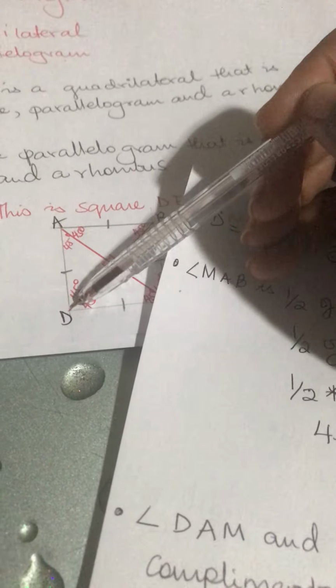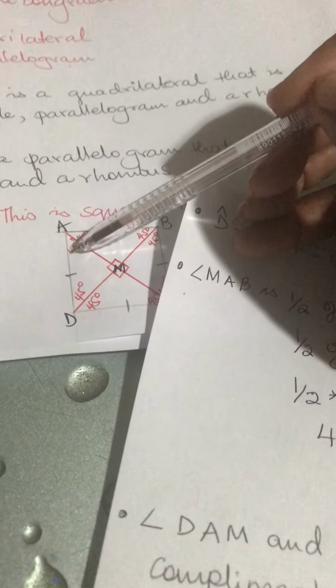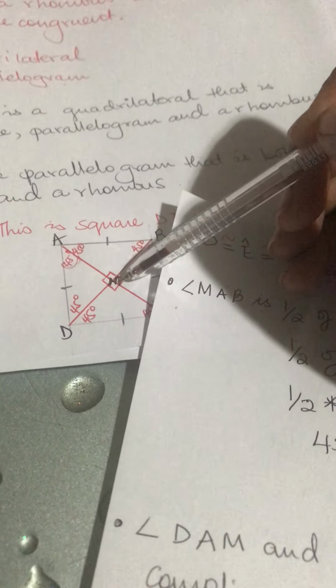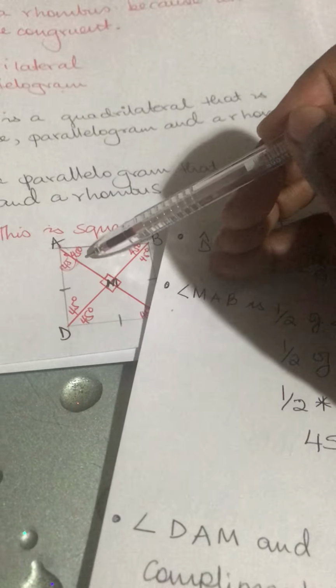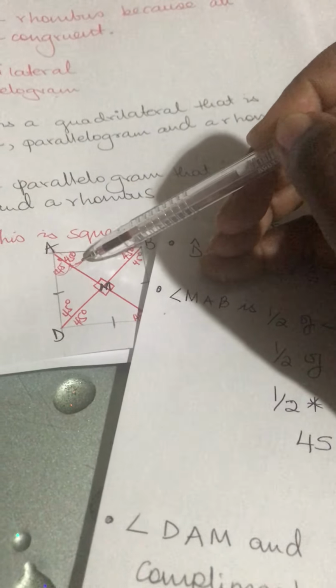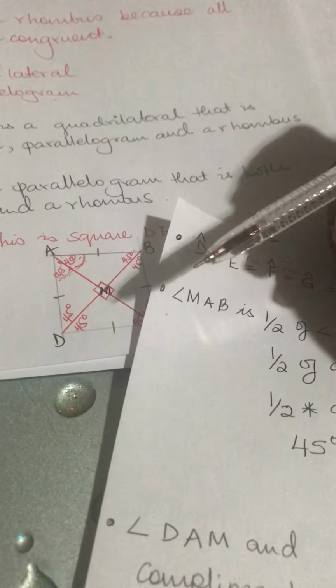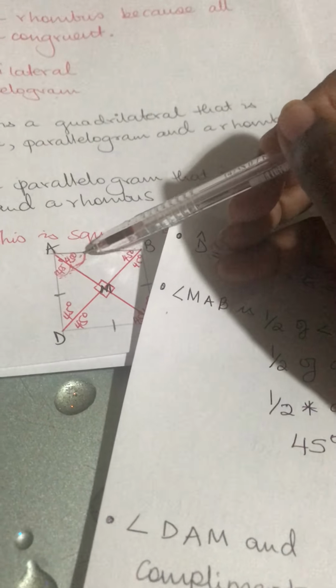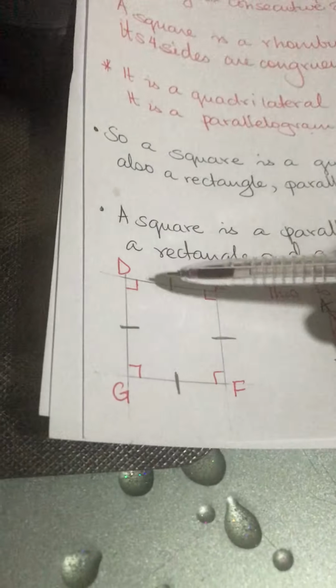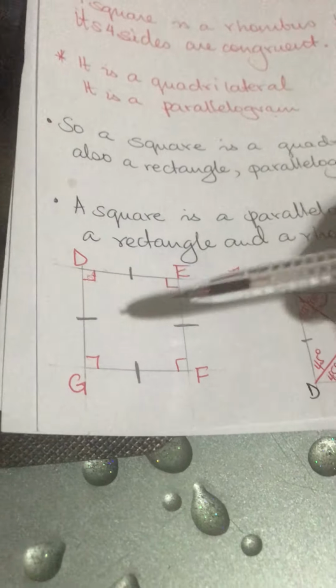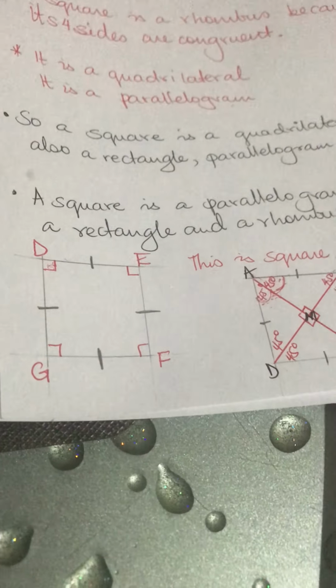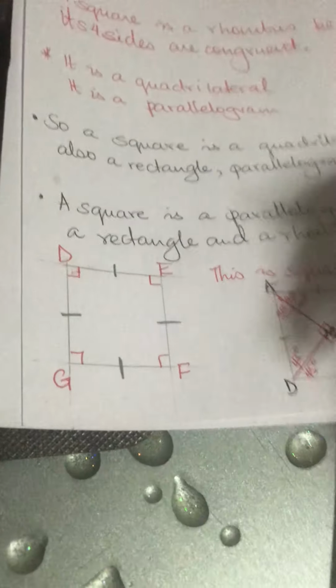Angle DAM, which is this one right here, and angle MAB, which is this one right here. These two angles are complementary because they must add up to 90 degrees. We said every corner is 90 degrees. And if you add up to 90 degrees, then you are complementary.